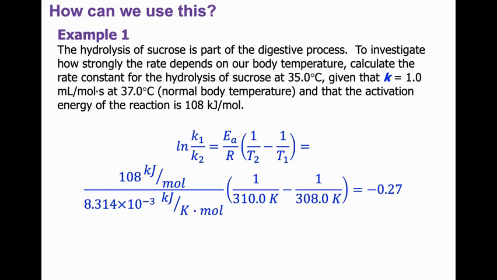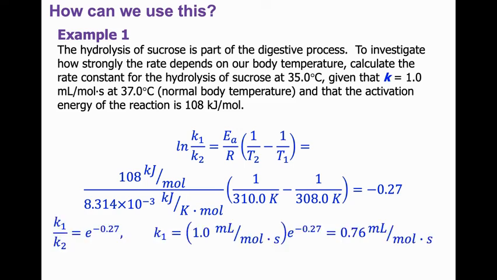If I want to solve for the value of K1, I'm going to have to exponentiate both sides of that equation. So I get K1 over K2 is equal to the exponential of negative 0.27. K2, remember, goes with T2, so that is our higher temperature. So K1 is 1.0 milliliters per mole second times the exponential of negative 0.27.